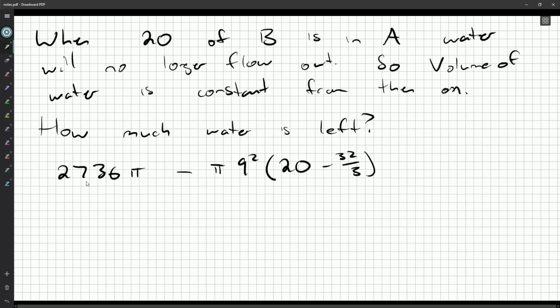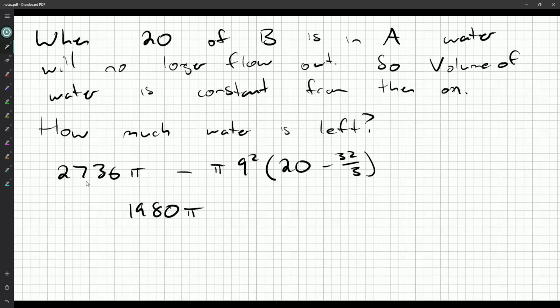Okay. So now, well, we'll just grab our calculator. We've got them. Why not use them? So 81 times 20 minus 864. So we're looking at 1980 pi. I'll just do that calculation once more. 20 minus 32 over 3.